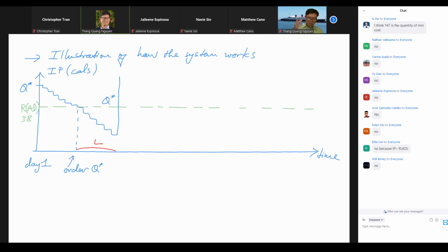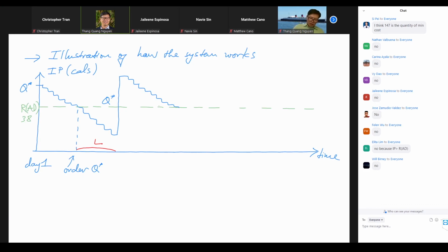Because remember, we order Q star. So it jumps up like that. And then that's the end of the first cycle, right? And now for the second cycle, the customer comes in. By the way, when you draw the steps here, the steps are not even, meaning that on some day we sell a lot, but on other days we sell little, right? So sometimes it is steep, but sometimes it is shallow.